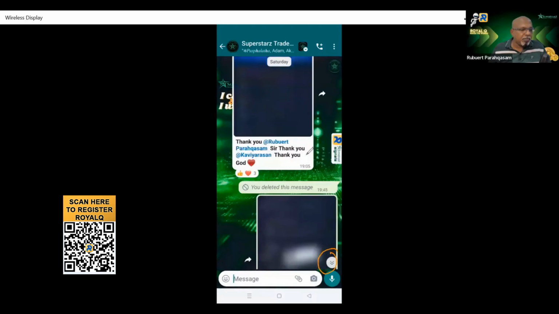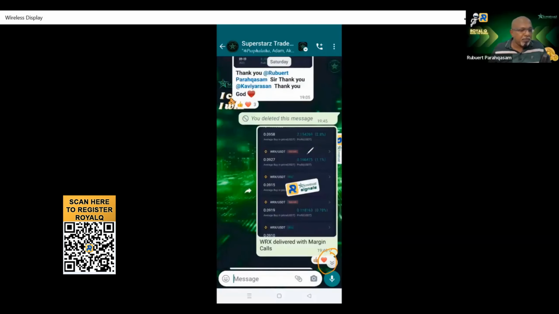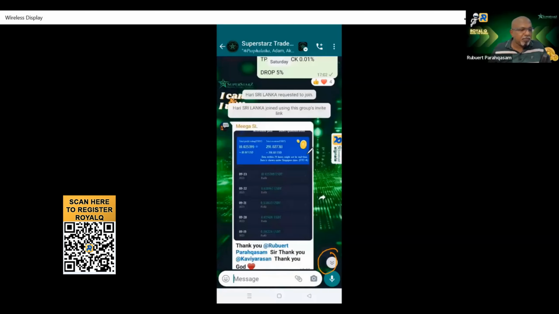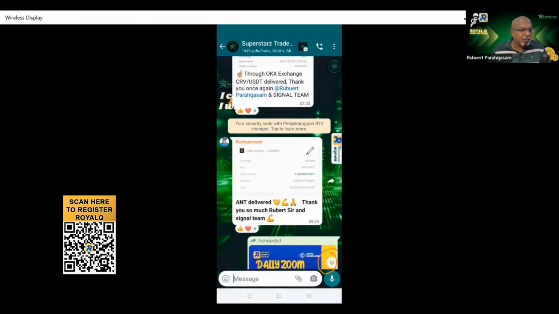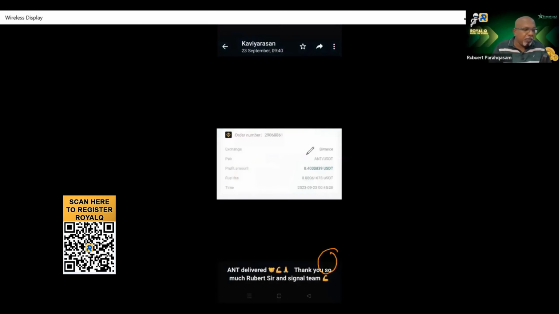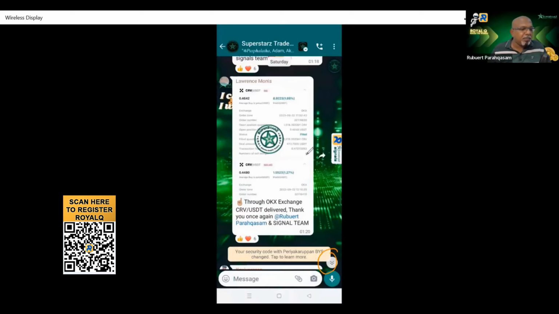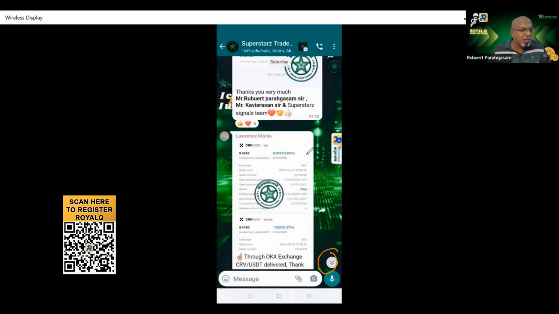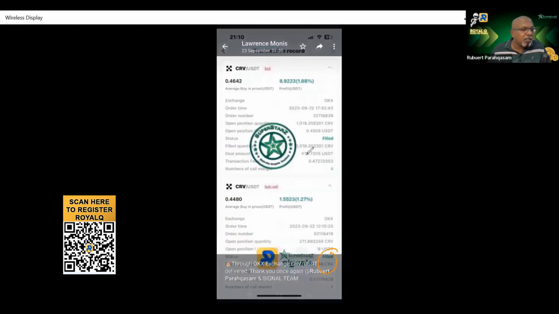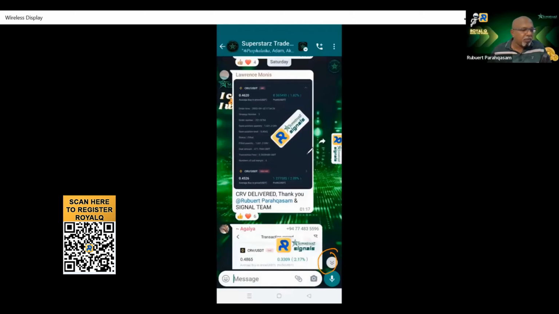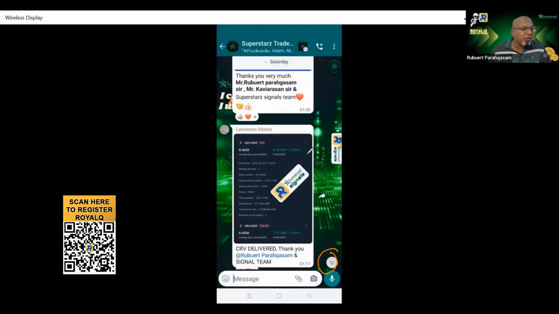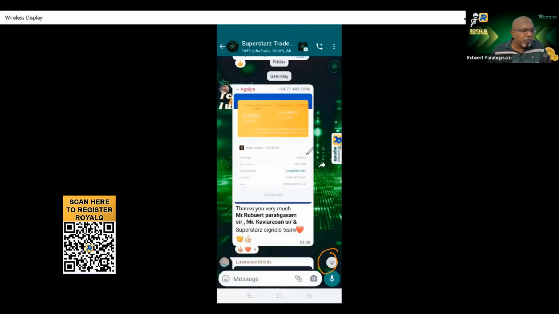Just scroll up. You see here? This is all from team results, WRX. Okay. ANT delivered. Even if it's a small amount, it's okay. But make sure you guys put the stickers here. Very important. Then here $0.8, that's $8.92, $1.5, $0.33, $1.27, $8.5, $0.33.